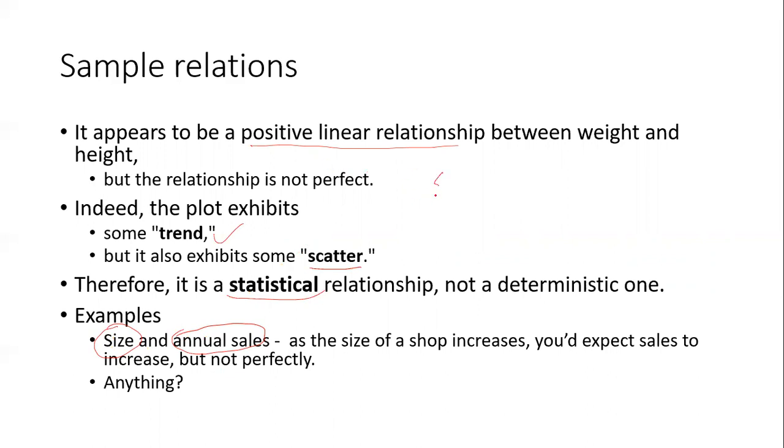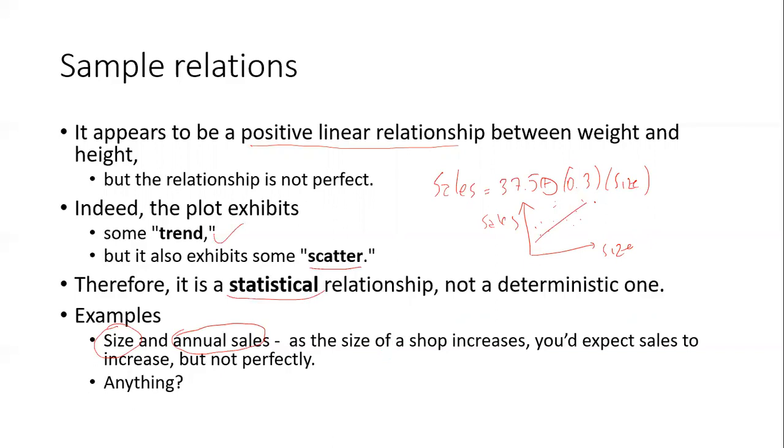You cannot say sales is equal to 37.5 plus 2.3 times the size of the shop. You cannot say this, right? So what you expect to see is that as the size of the shop goes up, then the sales goes up as well. So you will expect to see something like this, okay?